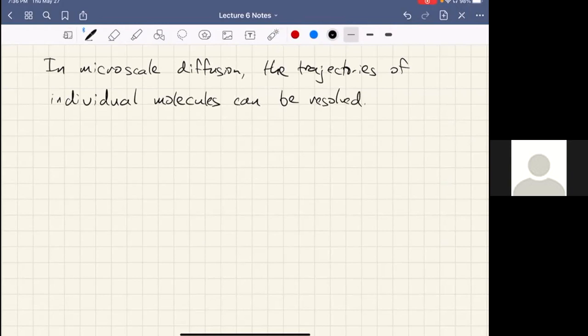Most of my examples will have to do with one-dimensional diffusion, but they're easily generalizable to multi-dimensional diffusion.